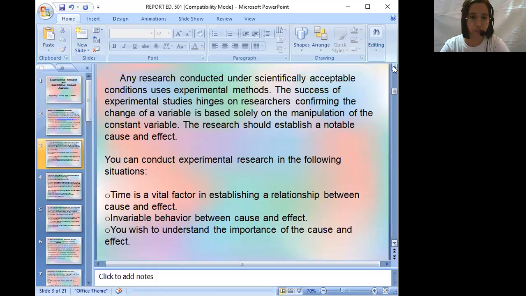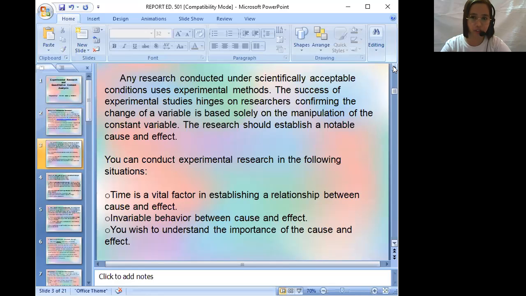Any research conducted under scientifically acceptable conditions uses experimental methods. The success of experimental studies hinges on researchers confirming the change of a variable is based solely on the manipulation of the constant variable. The research should establish a notable cause and effect.